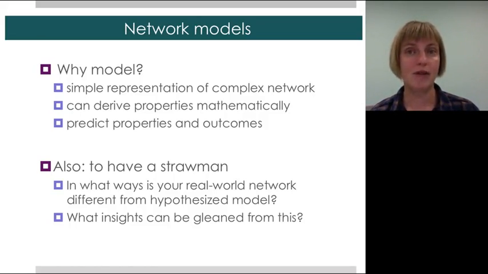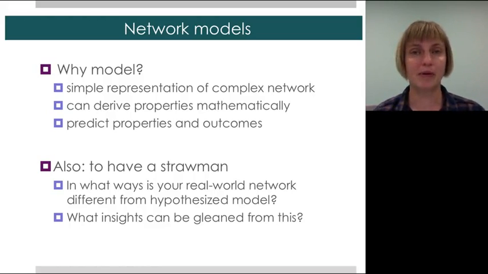And if those values agree, if your prediction based on the model agrees with the observed quantities, then your model is a good one. However, if your model fails to predict some features, then you know that perhaps there's room for improvement. Maybe there are additional characteristics that need to be incorporated into the model.